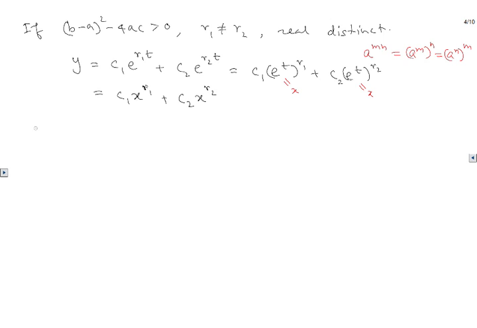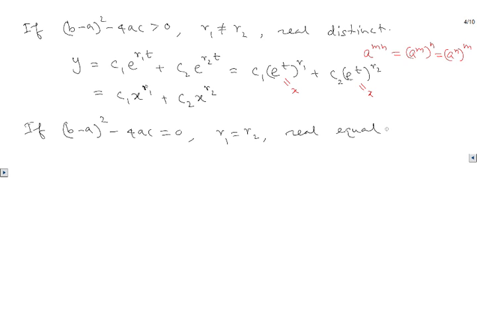Similarly, let's look at the second case. If b minus a squared minus 4ac equals 0, we have two equal roots, r1 equal r2, the real equal situation.